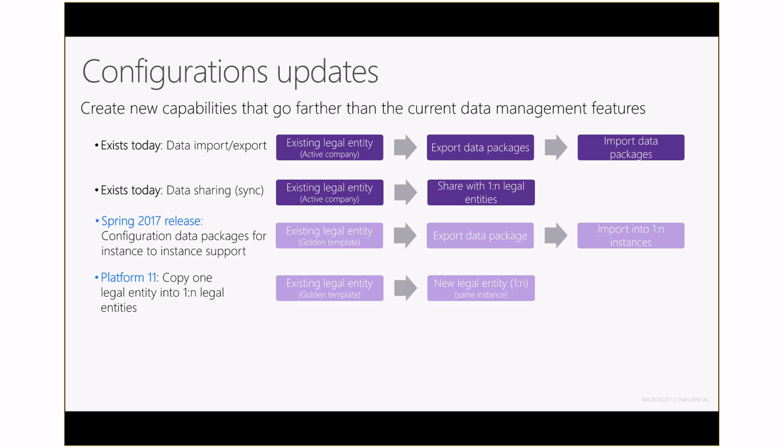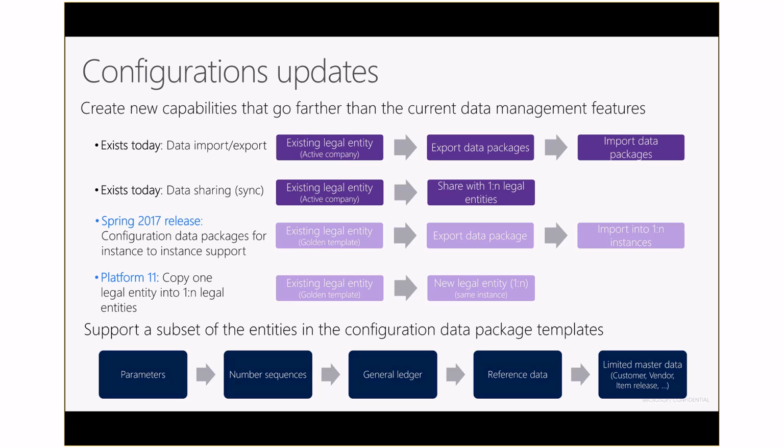The new thing that we added is copy legal entity. This is a copy of a legal entity inside the same instance. If you have a legal entity and you're creating a new one, you are able to take the parameters, reference, and master data from that existing legal entity and copy it over into a new legal entity and then get started. That's what we're going to talk about today. It's really an extension of what we released in the spring to finalize our feature set.